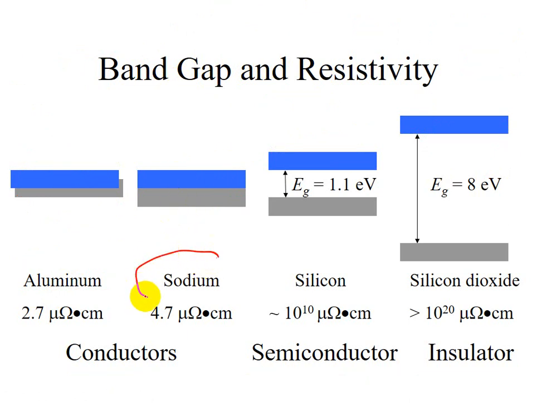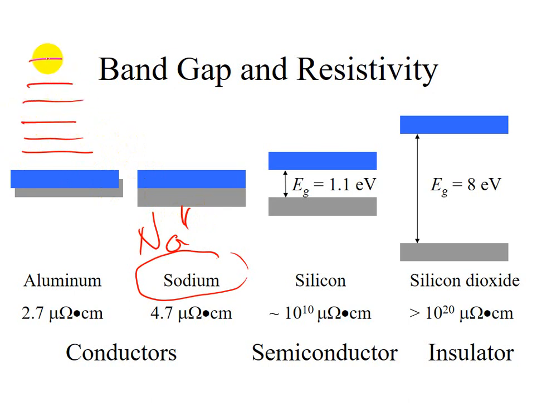Another case will be something like sodium. Sodium has 11 electrons. As we mentioned, each one of the orbits can be occupied by 2 electrons with different spin directions. So you can imagine that these 11 electrons will occupy a total of 6 orbits.